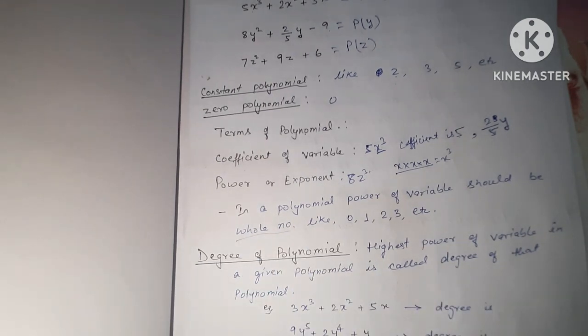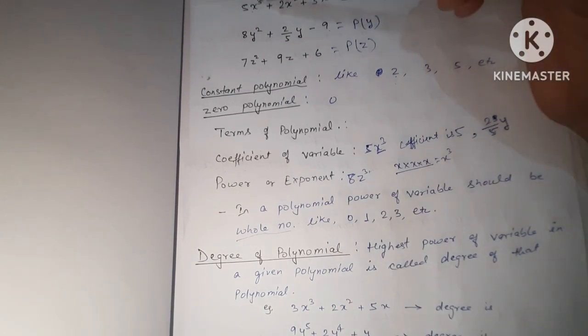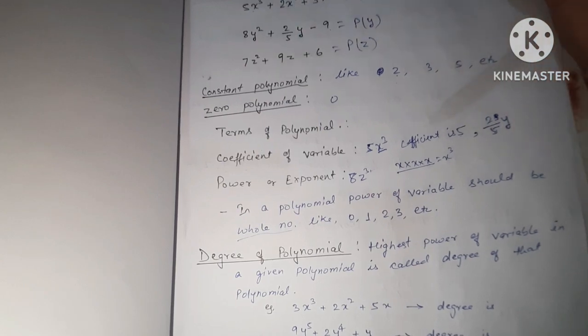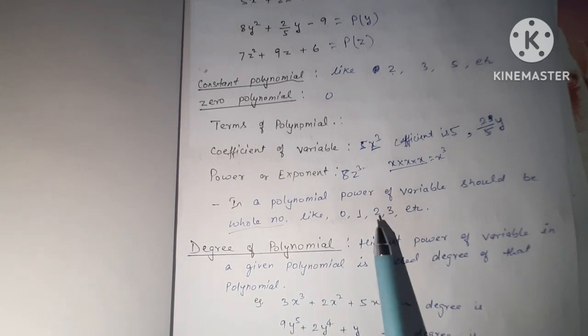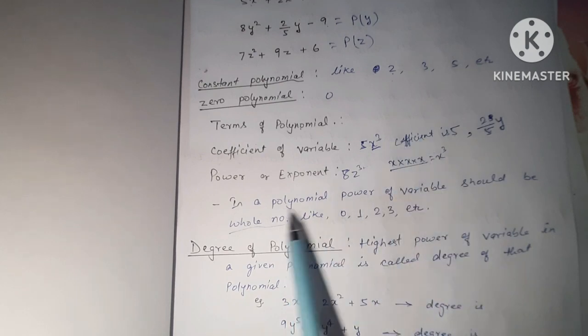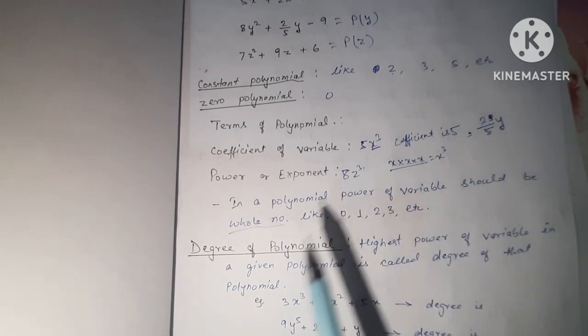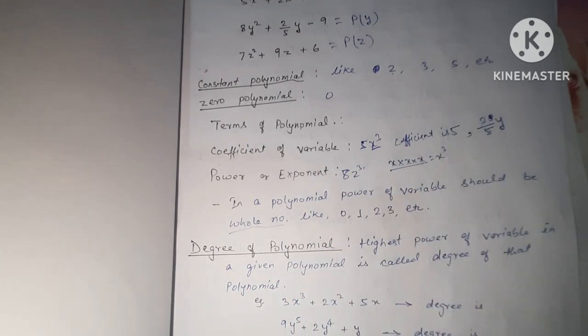If the exponent of a variable, like see here 3, 2, 1, 2, 1, 2, 1, is a whole number, then only we call it a polynomial, otherwise it is not a polynomial.